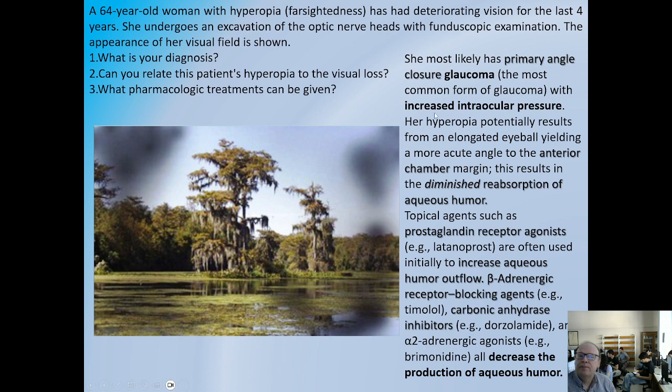So this is due to the diminished reabsorption of aqueous humor. And here are some agents which you can give on a therapeutic basis, either to increase the outflow or later on to decrease the production of the aqueous humor so that the pressure is not above a permitted value.